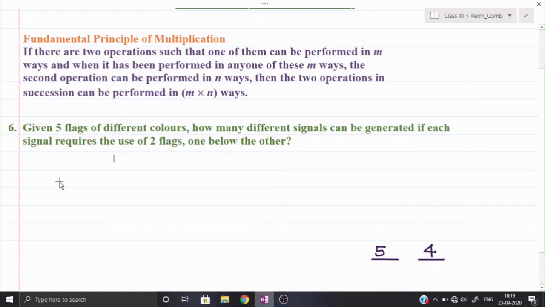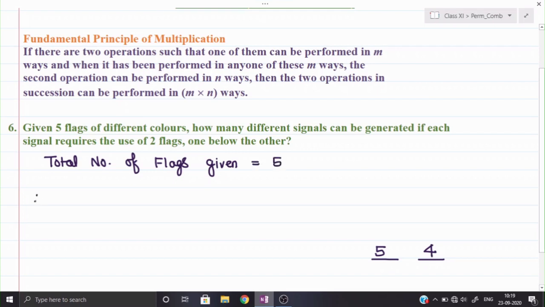First of all we shall write down over here the total number of flags given, that is 5.